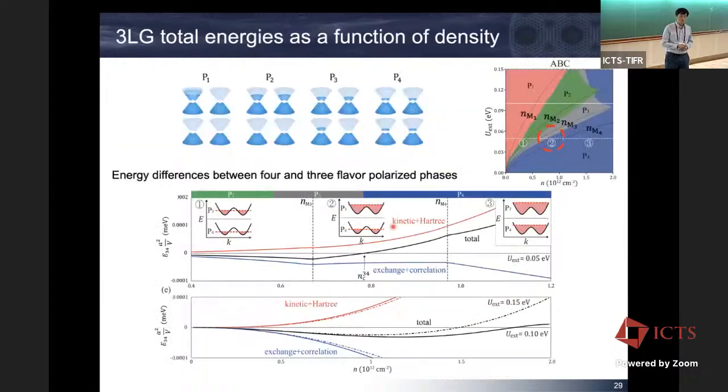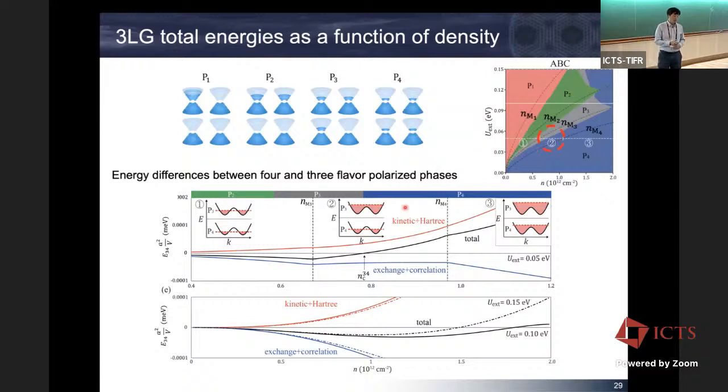And we could obtain this kind of phase diagram for 2 layers, 3 layers, 4 layers, 5 layers, and so on and so forth. So this figure is for a 3-layer system. And this figure shows the energy breakdown for this line, for a finite electric field.